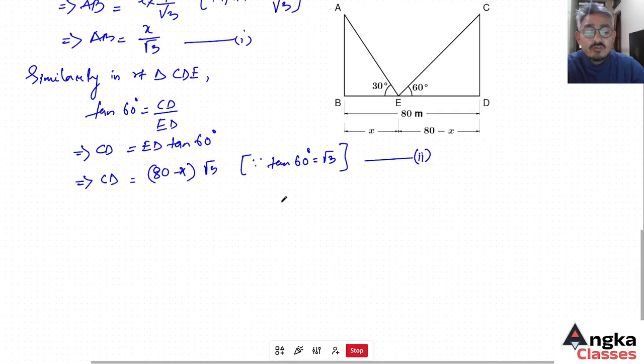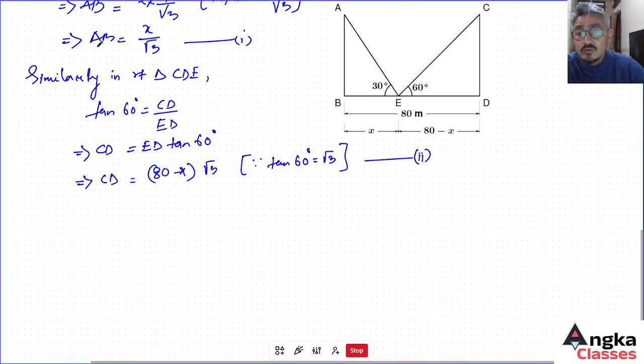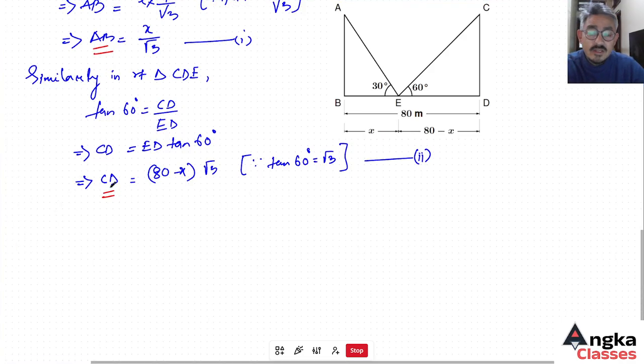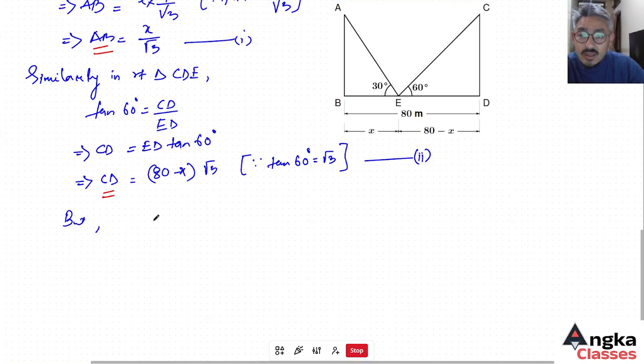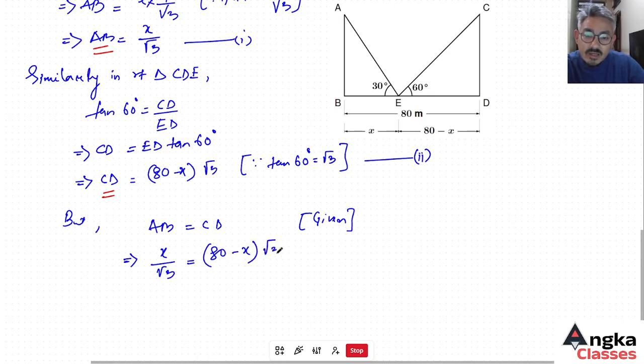Now, if you look at equation 1 and equation 2, equation 1 is AB letter, equation 2 is CD letter. Equation 1 and equation 2 represent height of the pole. But AB is equal to CD, it's given in the question equal height. So X by root 3 is equal to CD, which is 80 minus X by root 3.